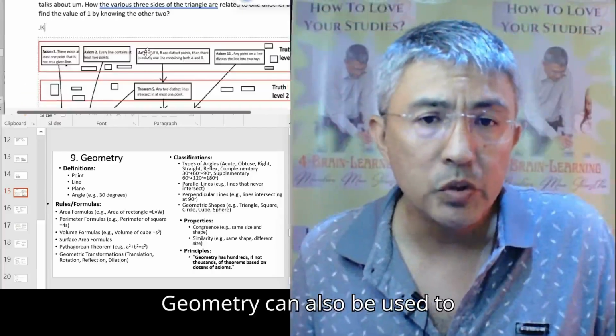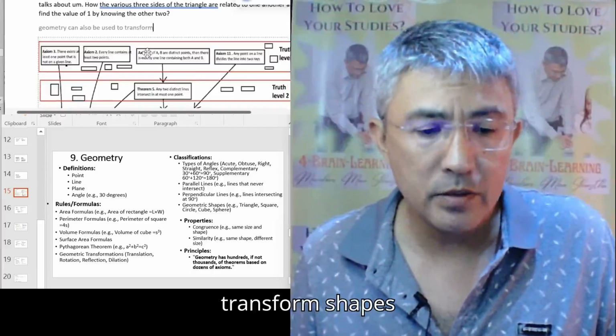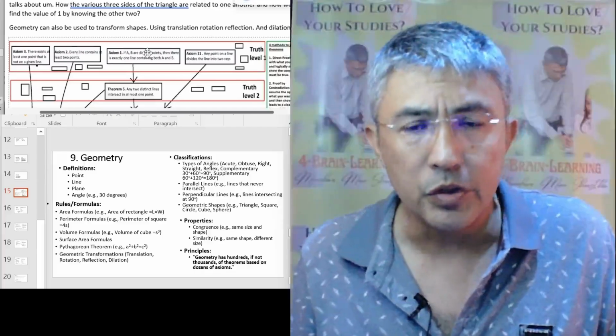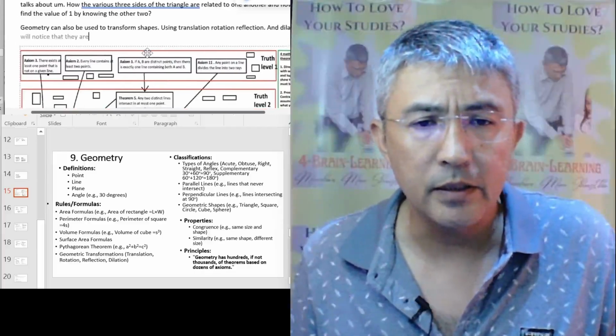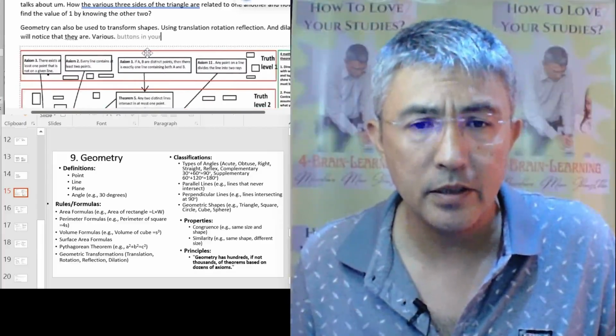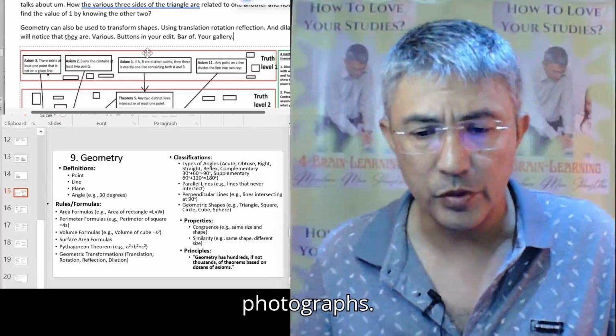Geometry can also be used to transform shapes using translation, rotation, reflection, and dilation. You will notice that there are various buttons in the edit bar of your gallery of photographs.